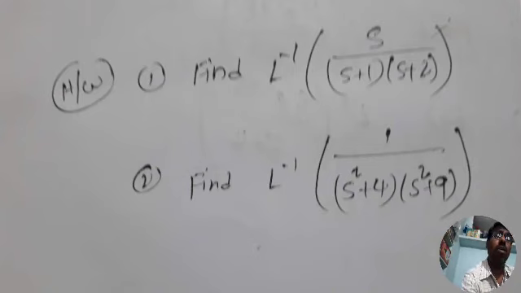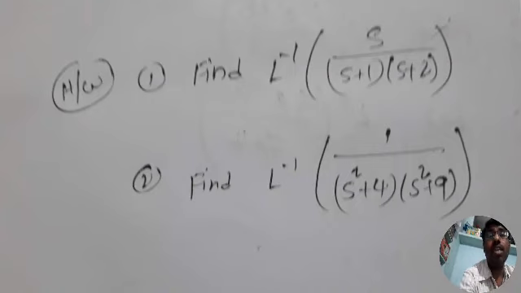So what to do here? You have to convert into partial fractions first of all. For s plus 1, a by s plus 1. For s plus 2, b by s plus 2. Take LCM, cancel the denominator, equate numerators, find the a value and b value, substitute them, then you will get the answer. That is like the first 2-3 problems we did in this video lesson.